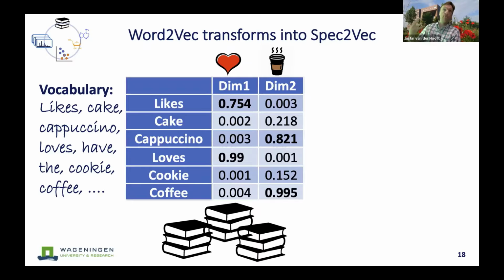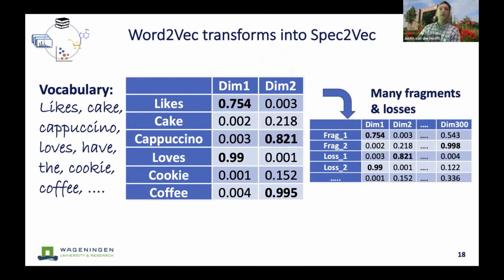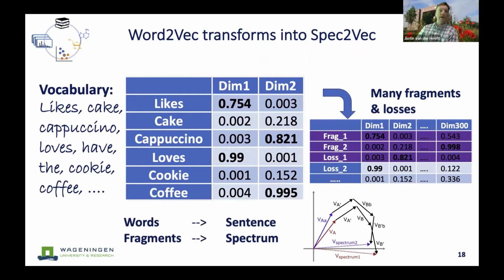Of course, normally you learn this stuff from a lot of text, or in our case, you learn these kinds of relationships from a lot of spectra, and then you get values. And in the end, we can use these novel mass spectral embeddings to compare spectra again.